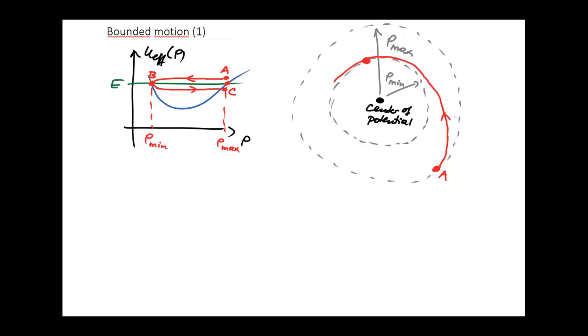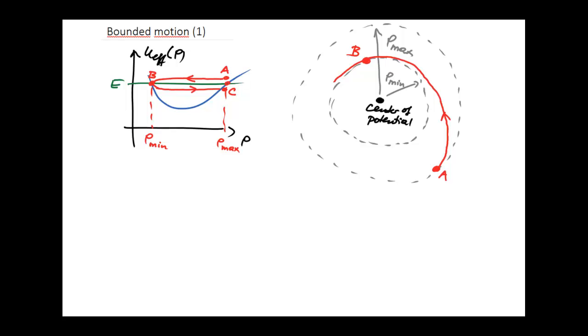So it reaches the minimal distance to the center of the potential. This is our point B. And then the body returns to maximal distance, so to a point on the outer circle.